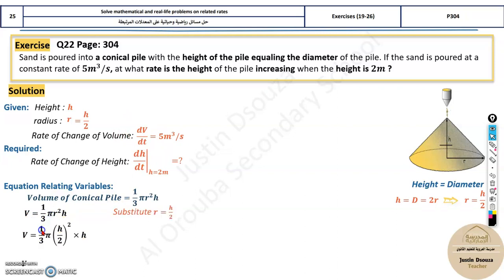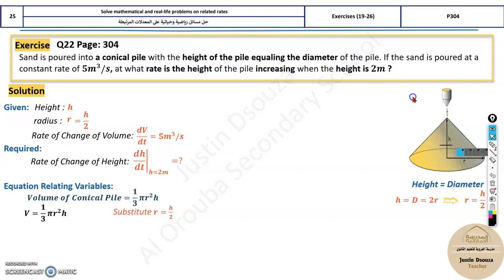So we differentiate. But before differentiation, you can't do it with V unknown, r unknown, h unknown. We need implicit differentiation, which means you need to have two variables, right? So just rearrange this and write r in terms of h. What I mean is, we know r is h by 2, isn't it?